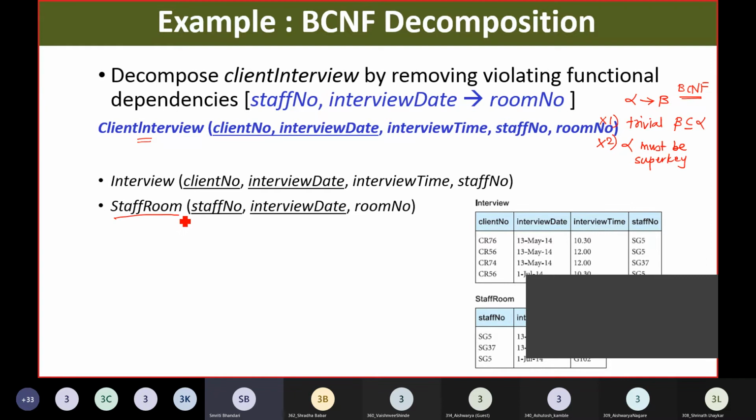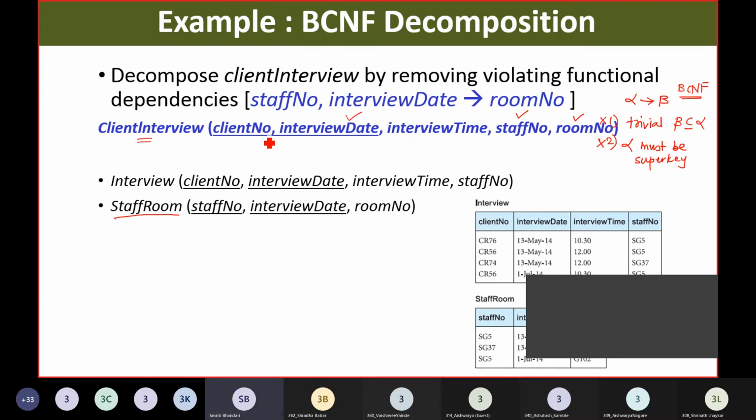See here, staff room is a separate relation now, having the attributes from this functional dependency. So in the staff room relation, we will have staff number, interview date and room number, 3 attributes. Okay, so we are done with staff number, interview date and room number.